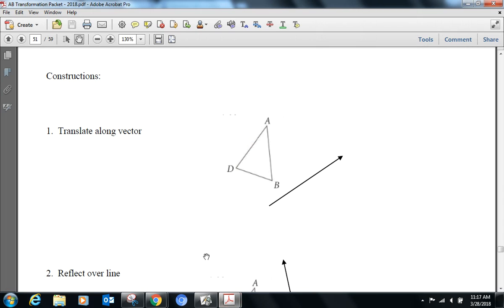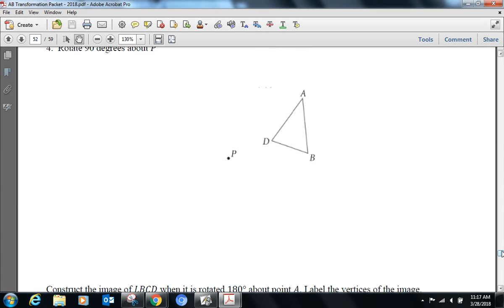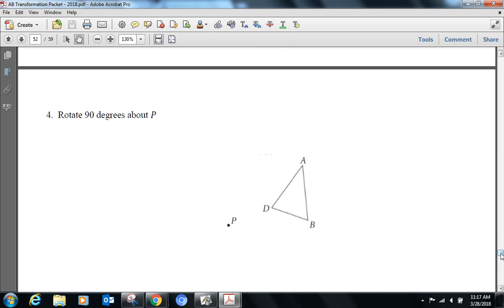Okay, here we go. Rotate around a point. In this case, 90 degrees.